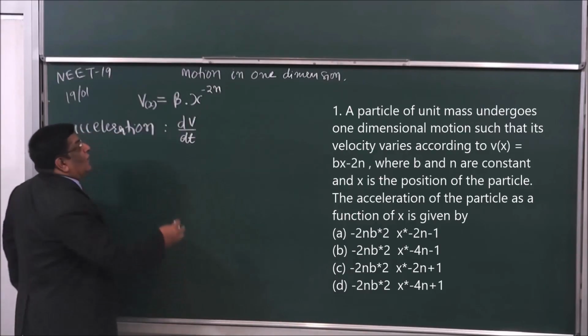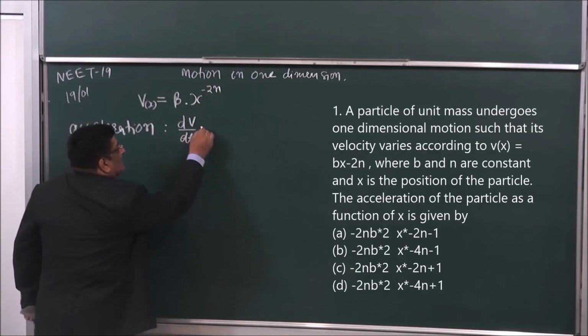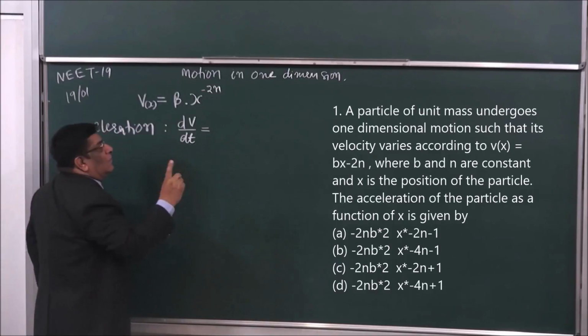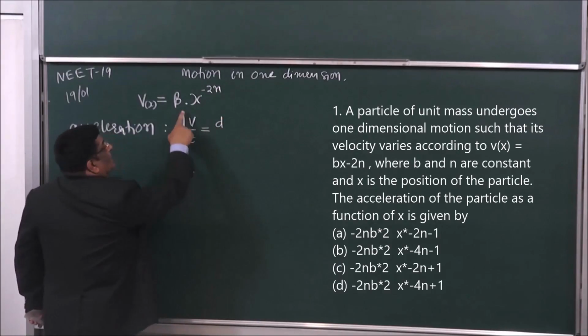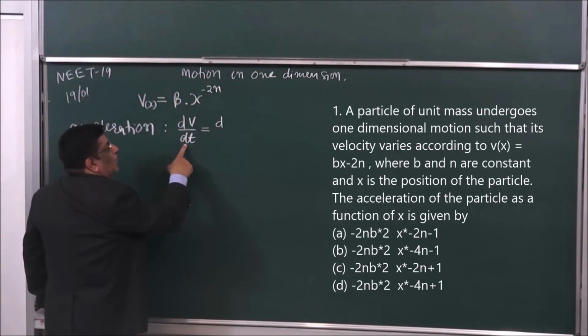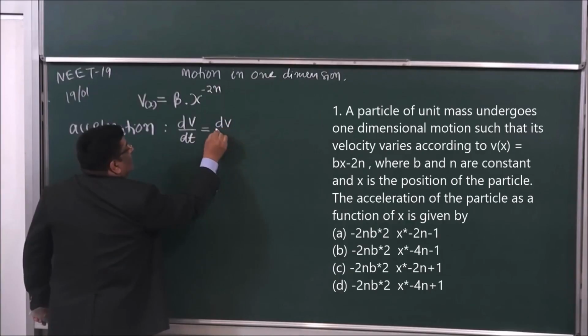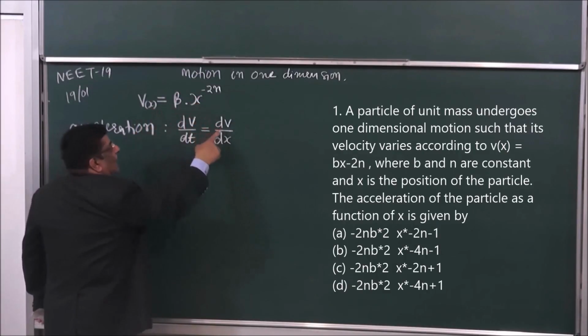So we cannot apply the formula directly here, and our test is whether we know that dv by dt cannot be differentiated directly into this form, and we must do it in this way. V is to be differentiated with respect to x because it is a function of x.